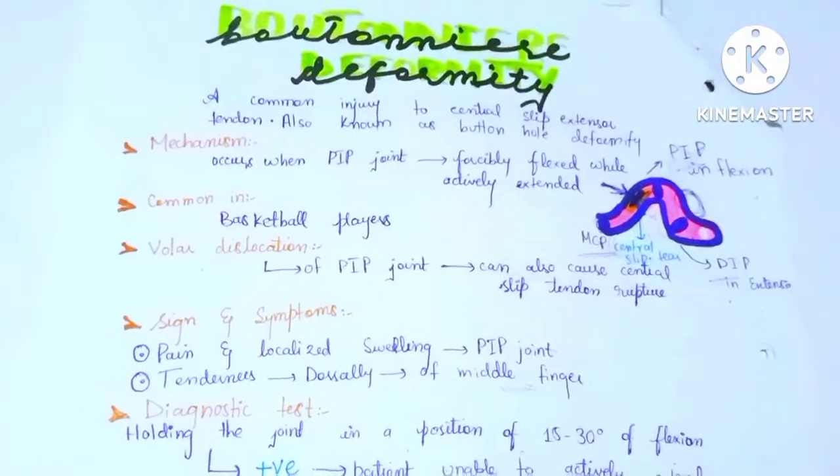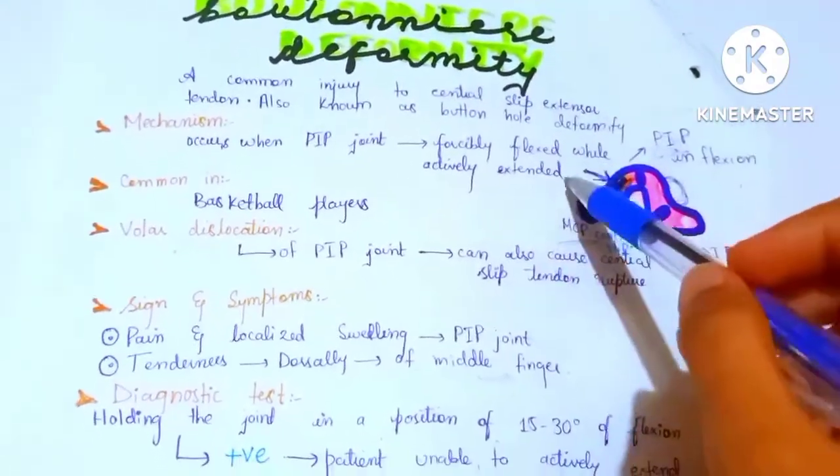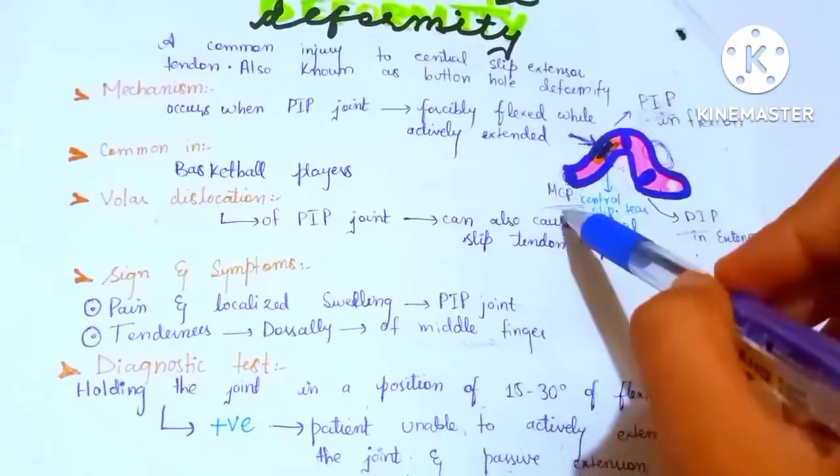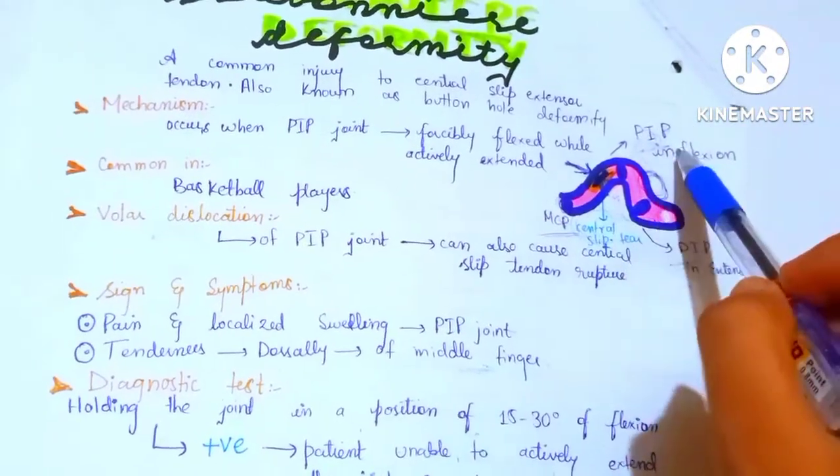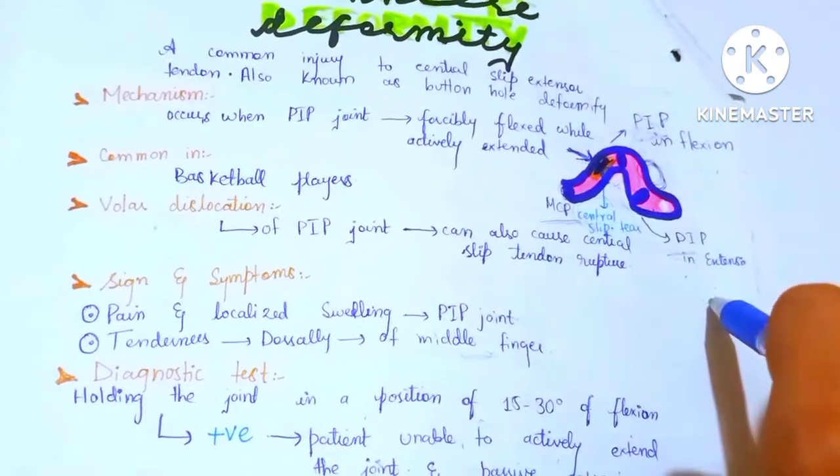That can cause the central slip extensor tendon rupture, or tear of the central slip. That causes PIP joint flexion and DIP joint extension.